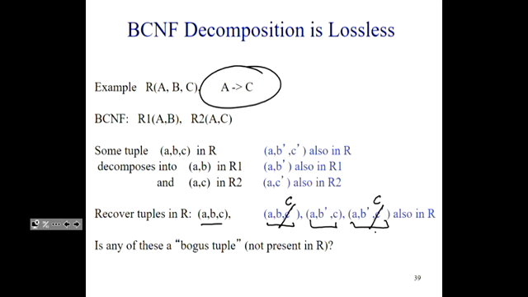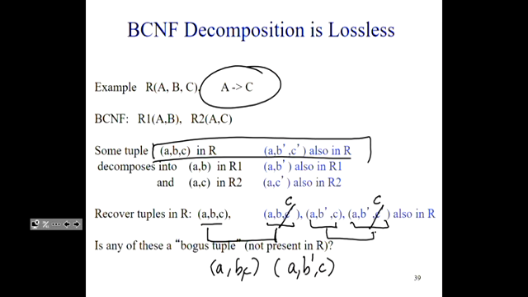These two are exactly the same tuple, and these two are exactly the same tuple. So I'm basically getting back ABC and AB prime C, which are the original tuples that I started off with. Intuitively, if I break it down while respecting this functional dependency, I get back the original stuff. I don't get back bogus stuff.